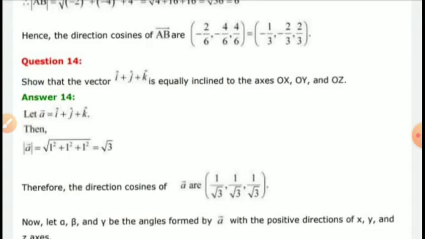If you prove that the direction cosines are the same, then cos alpha, cos beta, cos gamma, where alpha, beta, gamma are the angles made by this vector with the coordinate axes, will have equal values, and those angles are cos inverse of the particular value you get here.